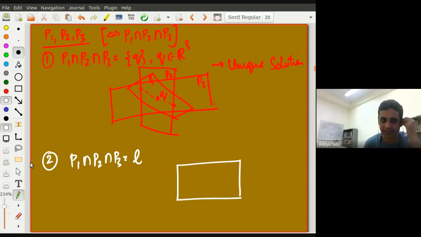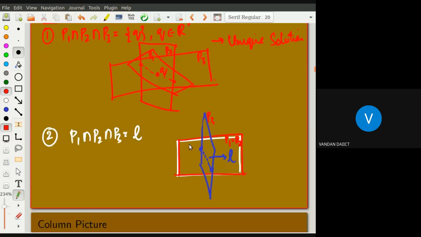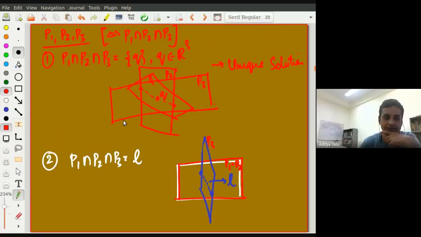These are 2 different things. Otherwise, it also can happen when all three planes have a common line, but no two are coincident.